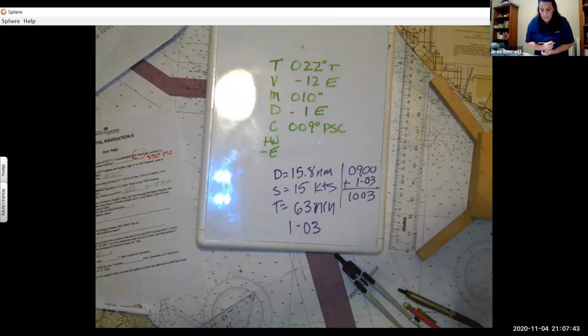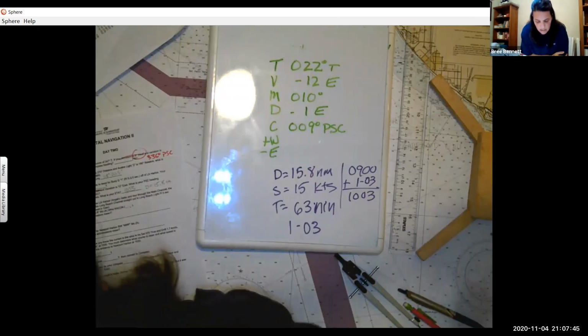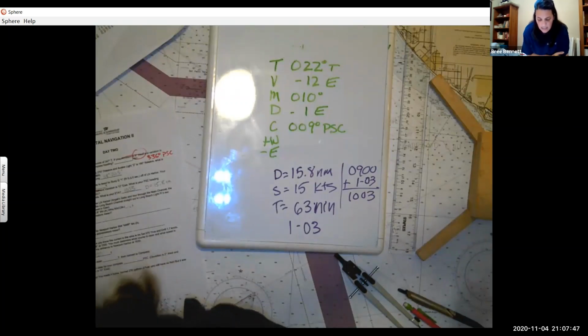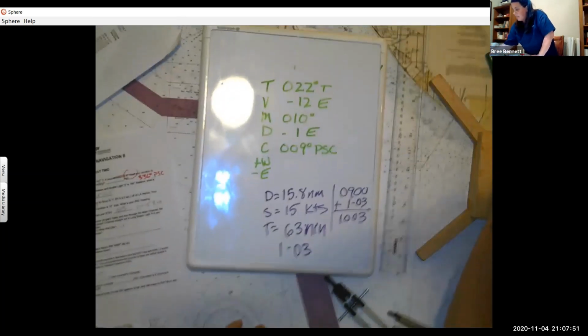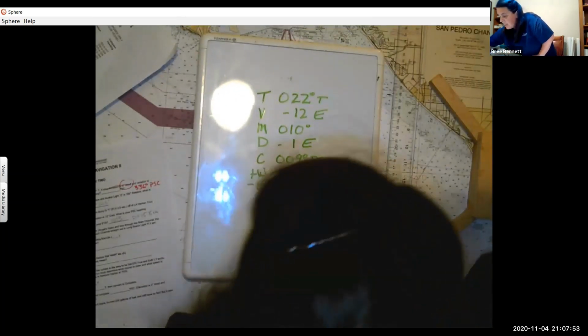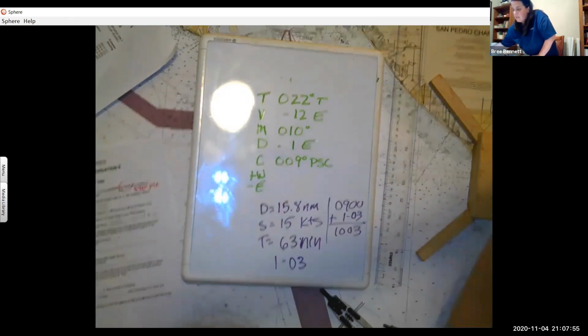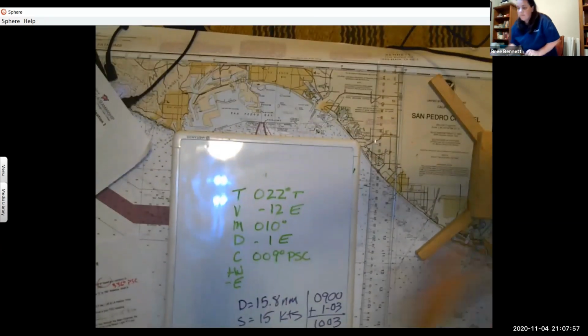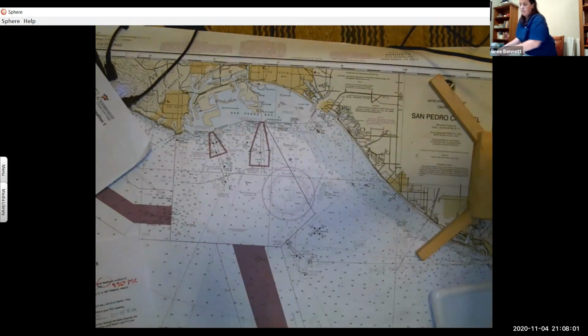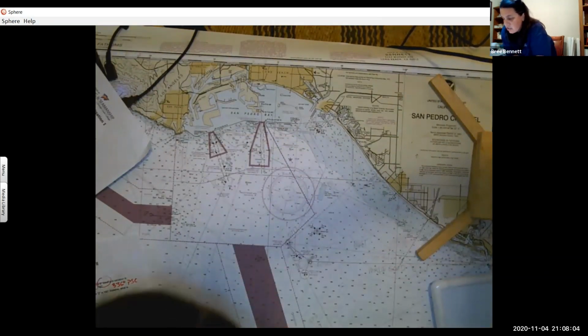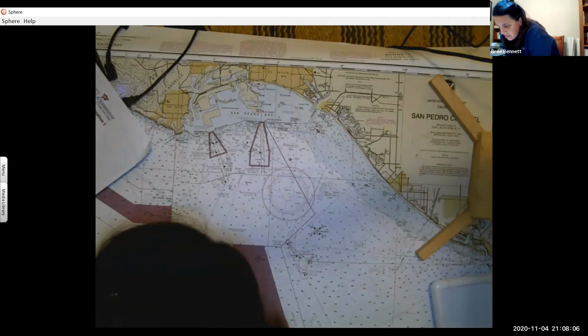Okay. Then it says, after the long haul, you enter LA Harbor, Angels Gate. Okay, so let's look at LA Harbor here. LA Harbor does have a larger scale chart. So what chart does it say on here would we switch to?